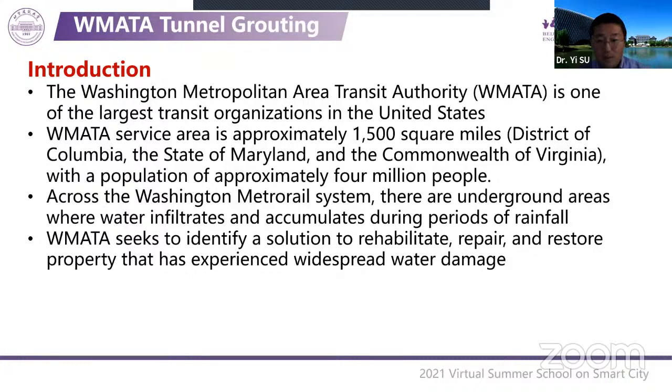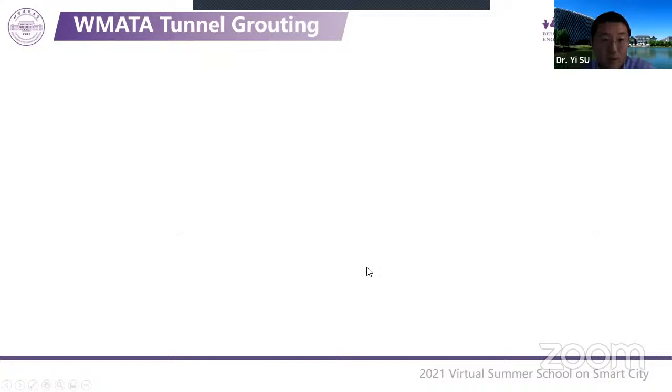There are underground areas where water infiltrates and accumulates during periods of rainfall. So there are leaks in the tunnel, and WMATA seeks to identify a solution to rehabilitate, repair, and restore property that experiences water damage. That's the goal for this project.